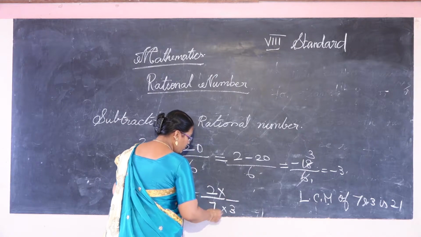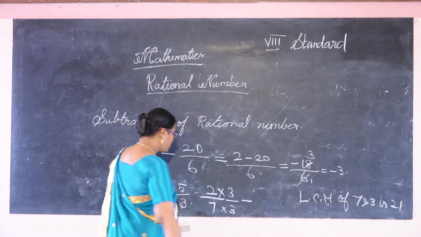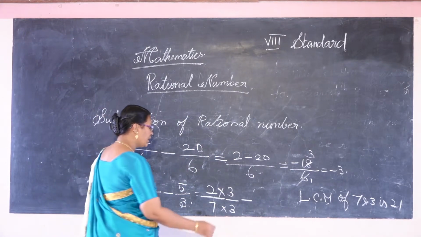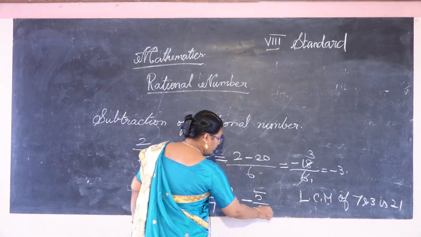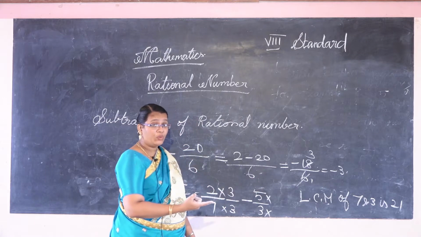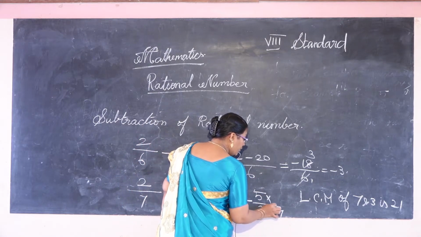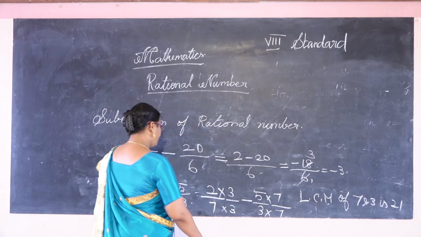So the same number is also multiplied in the numerator. After that, write the symbol, the operation is minus. After that, write the next rational number, 5 by 3. After multiplying, which number do you multiply in the denominator to get 21? 7. So that number is multiplied in the numerator and denominator.